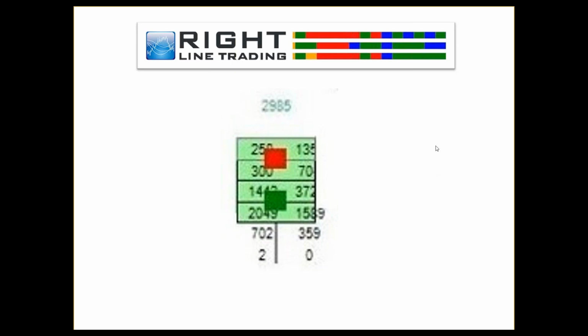What it does is look at the number of buyers versus the number of sellers on the dome. What it's trying to give you is an assessment of buying pressure versus selling pressure. You know, the market is all about supply and demand.